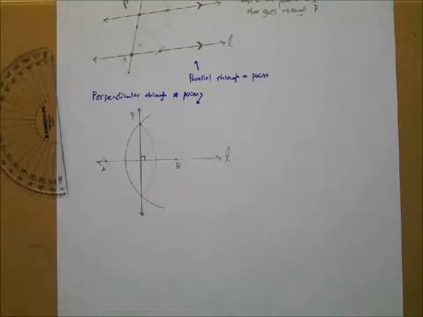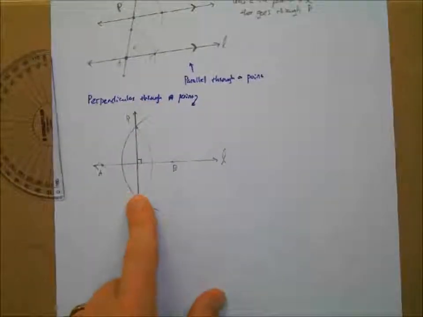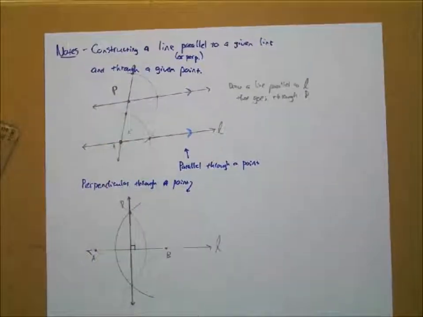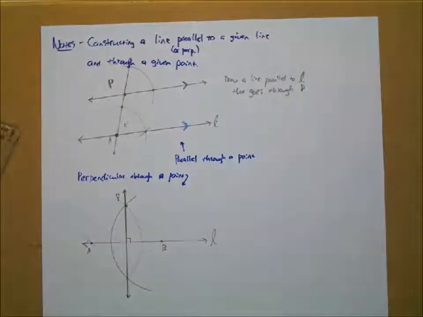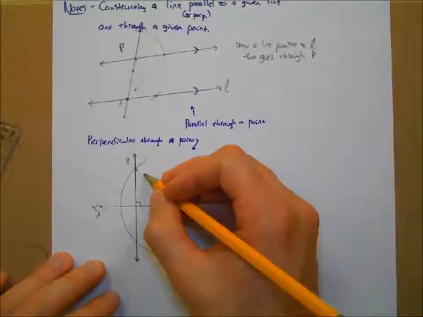So it's basically just one more step before the perpendicular bisector construction. It's one step previous to that. The main construction of this perpendicular through a point is the perpendicular bisector construction. The main construction for parallel through a point is the angle copy and angle construction.